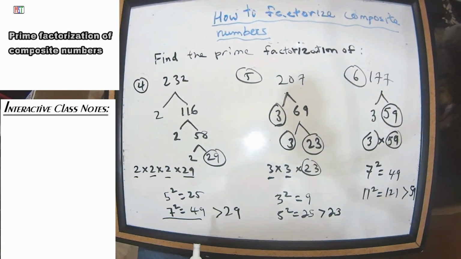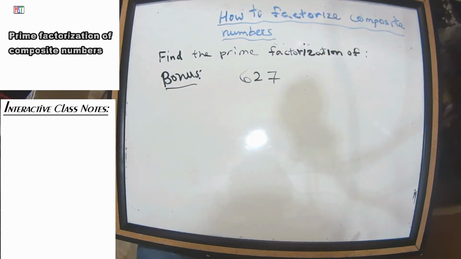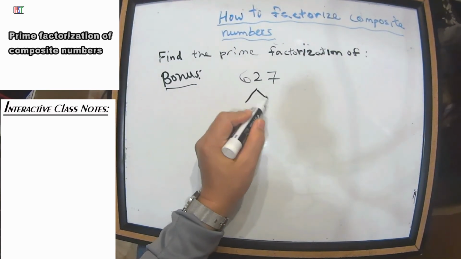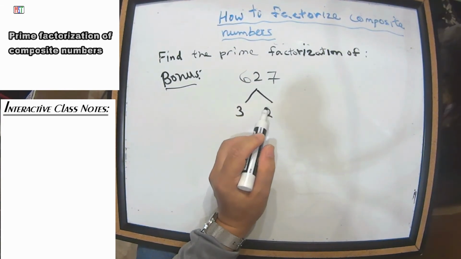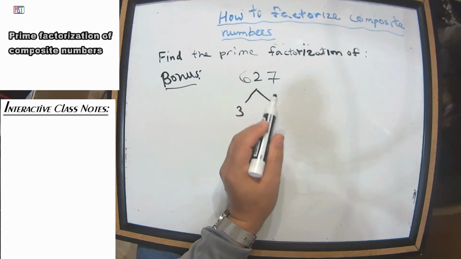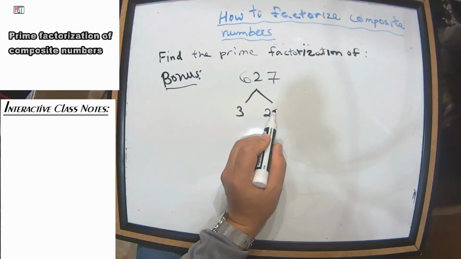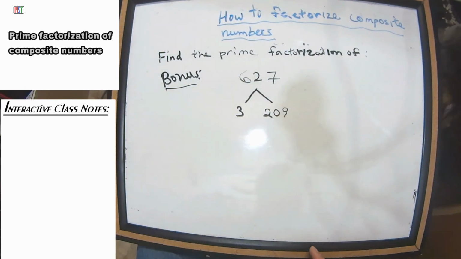Alright, let's do a bonus. Okay, here's a bonus question here: 627. Well, I think 3 can get into 627. How many times? Okay, so 3 goes into 6 twice, and 27 is 9. Okay, so 209.